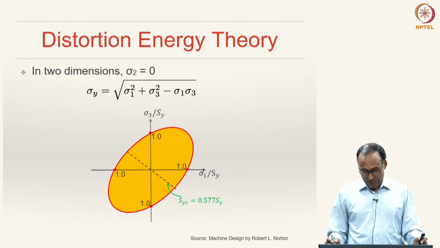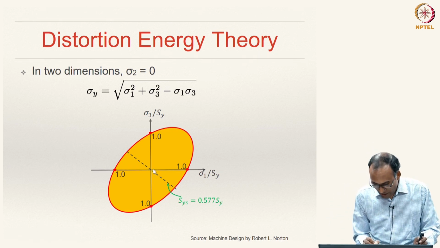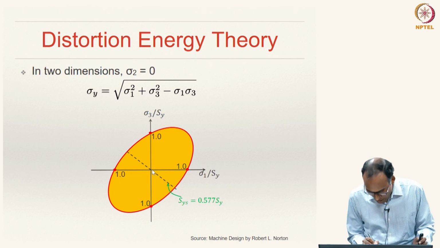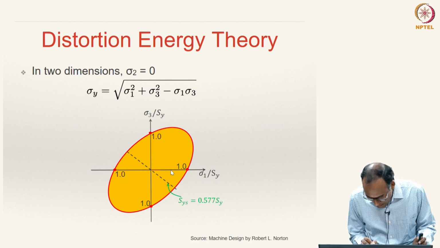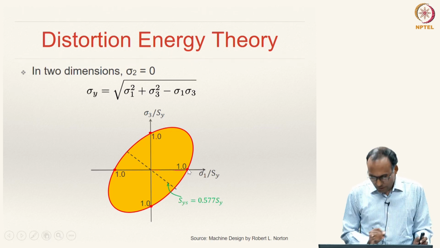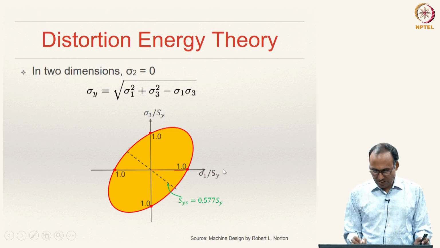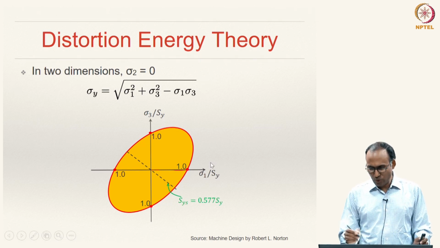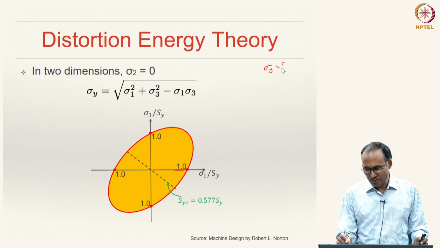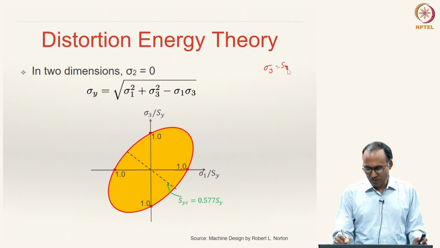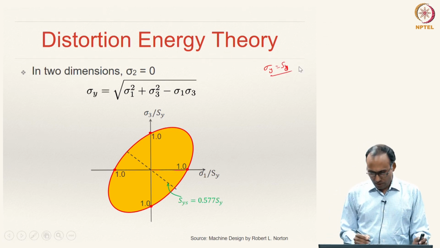And you can clearly see that if you are applying uniaxial loading, the failure happens when sigma 1 reaches the yield strength. I am normalizing my sigma 1 and sigma 3 with Sy, and Sy and sigma y are the same, the yield strength of the material, okay.